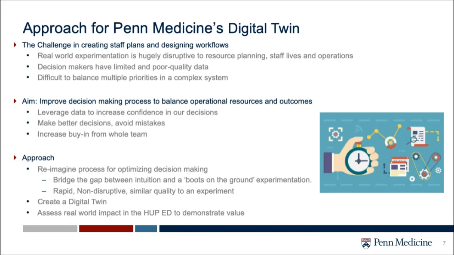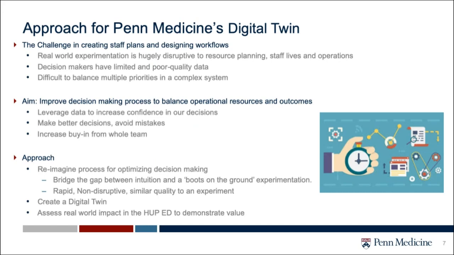There's just more than you can handle and analyze at once in terms of the priorities. So we want to improve that decision making process, to leverage data, to increase our confidence, to make better decisions, and overall to increase the buy-in from the team.